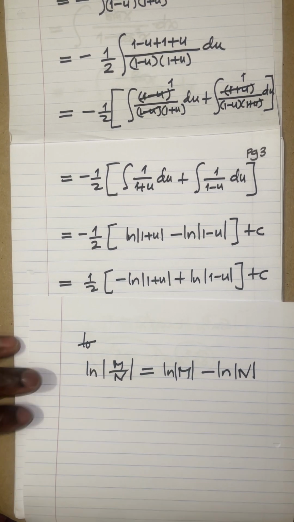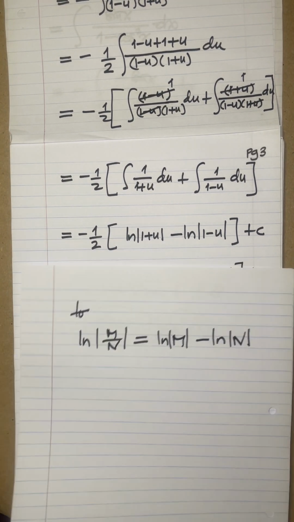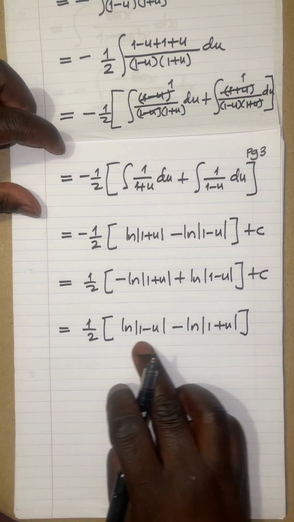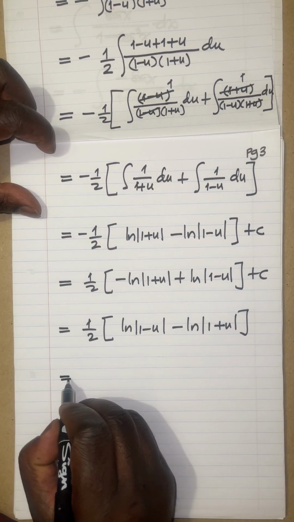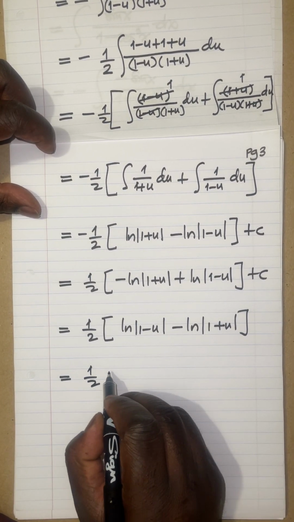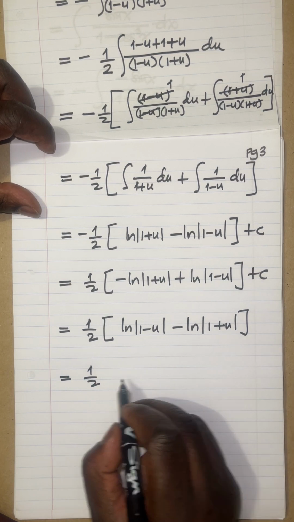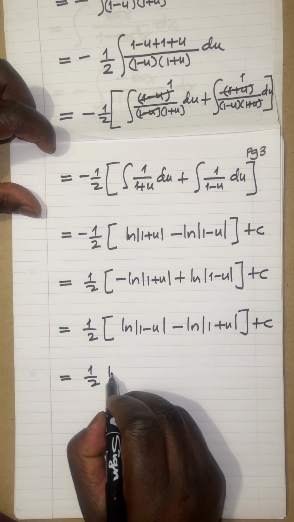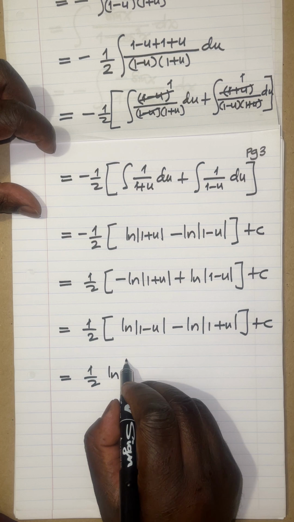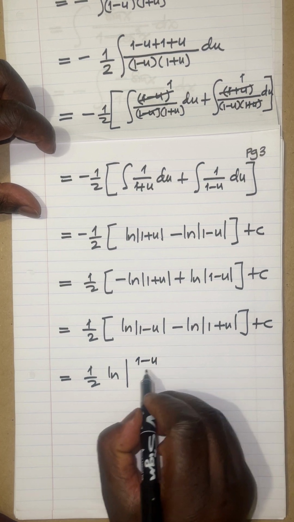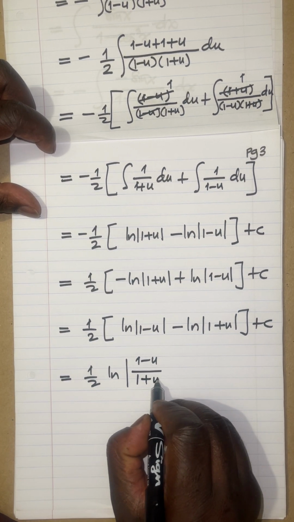Laws of logs, just remind yourself on that. So looking at this here, it tells me that this is just going to be half of, let me now remove the brackets, natural log of 1 minus u over 1 plus u, like this, plus c.